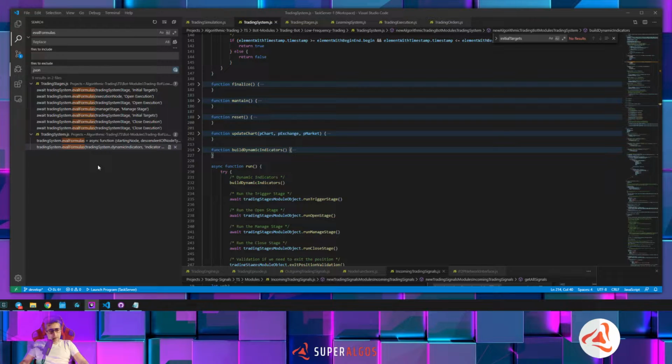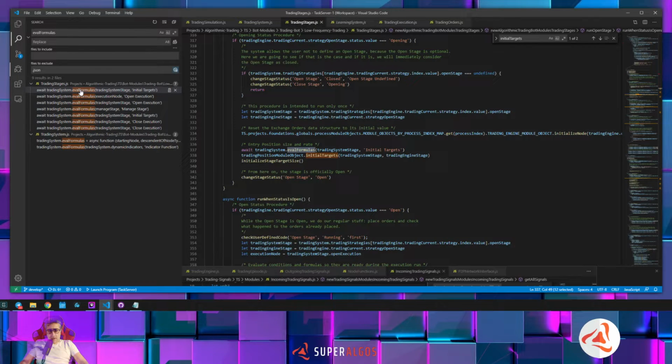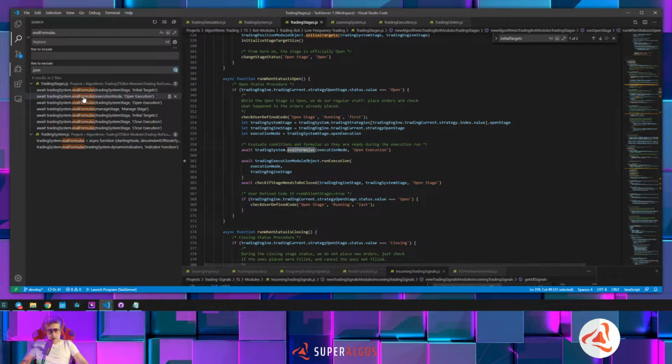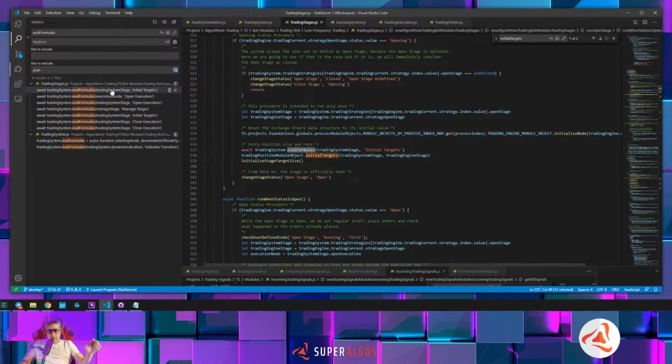Okay, we're in eval formulas, right? So what we're going to do is go to the next guy. This is initial targets, open execution. Hold on, I want to really check this is the right thing.